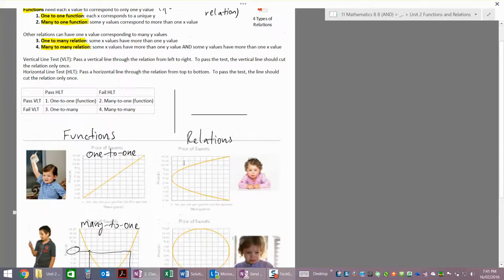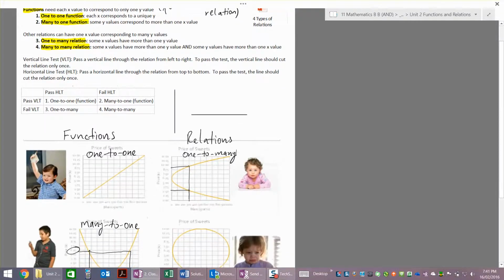I'll look at these other two. A one-to-many function is where some x values have more than one y value. I'll look at this one, I think it was Joan's. This x value here has two y values. So this is one-to-many.